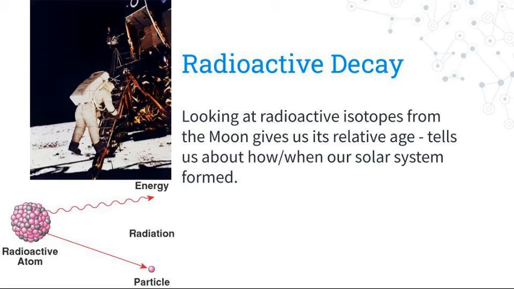And we can look at Earth rocks and know how old they are. So this is going to start to fill in some timeline information about how our solar system developed. For example, we know that the moon is older than the Earth. So we've got estimates from radioactive decay and radiometric dating that tell us the relative ages of things in our solar system.